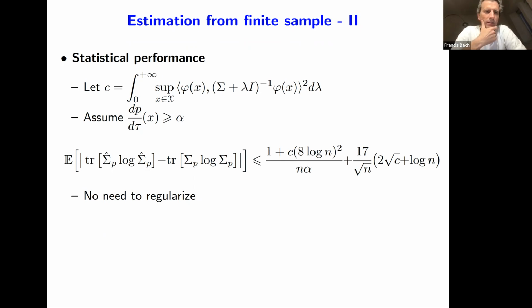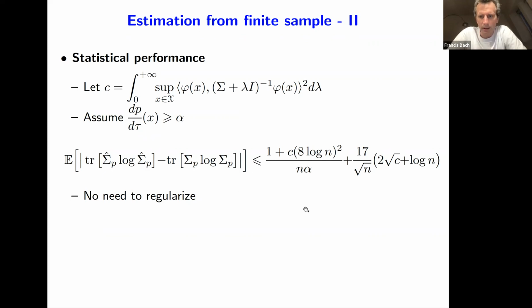If you can bound this, and here the subtlety is to bound the integral over all regularization parameters, and if you assume a lower bound on the density, then you get an explicit bound on the L1 error between the estimate and the true one.